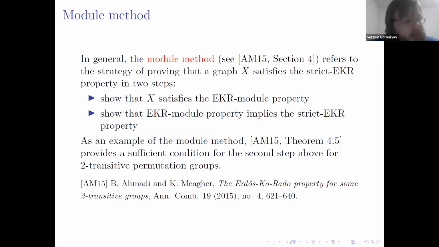First, show that X satisfies the EKR-module property, and second, show that the EKR-module property implies the strict EKR property. As an example of the module method, this paper provides a sufficient condition for the second step above for two transitive permutation groups.